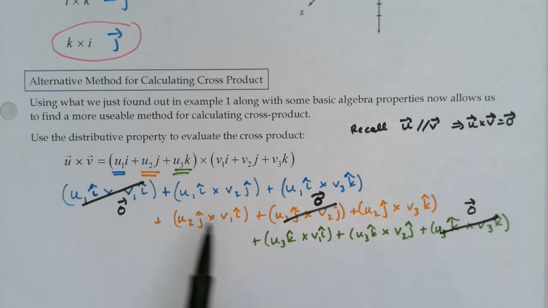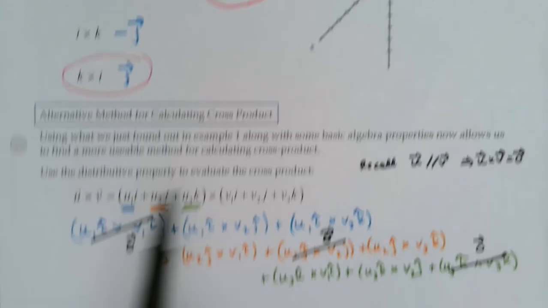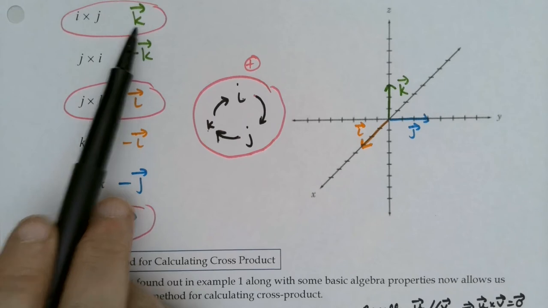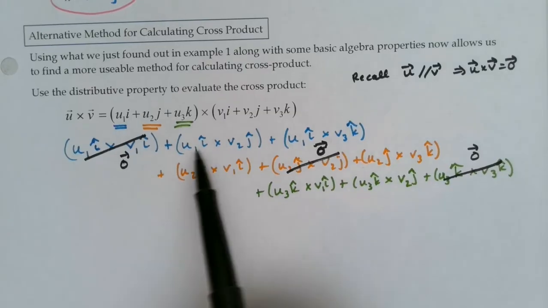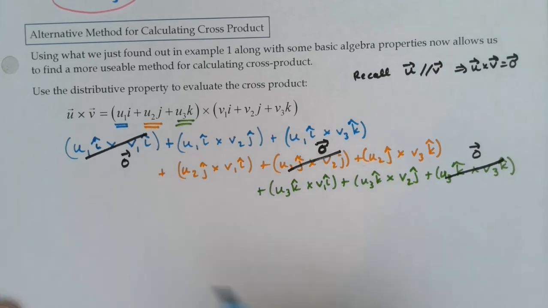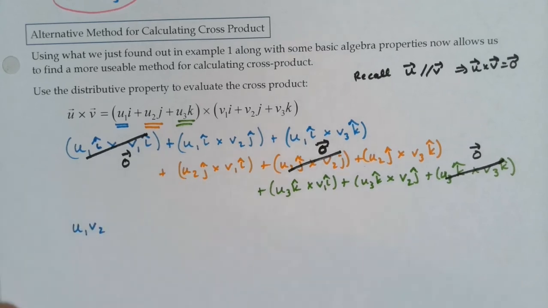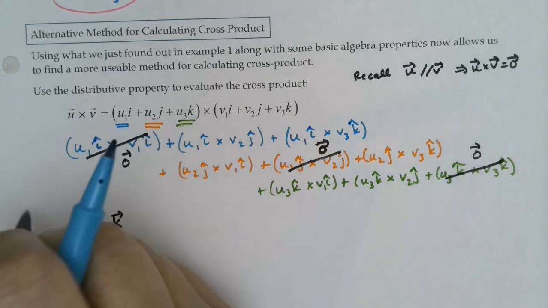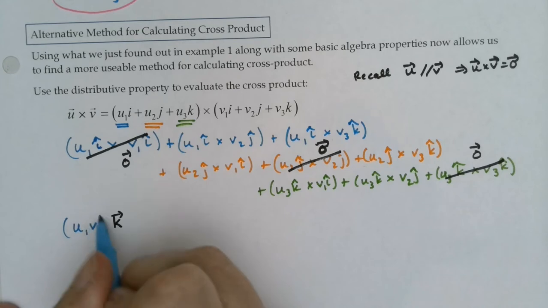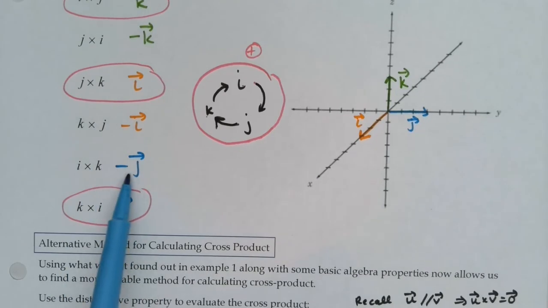Okay, so now let's combine together a few other things here. So we know that i crossed with j leads to k. So these two right here, it's going to be u1 v2 times the k vector. All right, similarly, i crossed with k leads to the negative j vector.